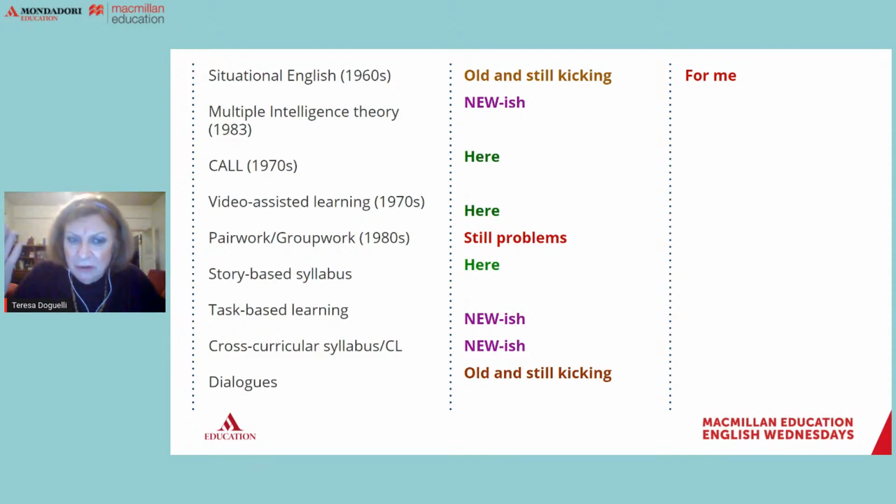Multiple intelligence theory, again, it's been around for about 40 years. It's still newish for people, but more and more, if you look in course books, you'll see exercises, tasks which help visual learners, people with strong musical intelligence, people with strong artistic intelligence, people with very strong bodily, physical intelligence.